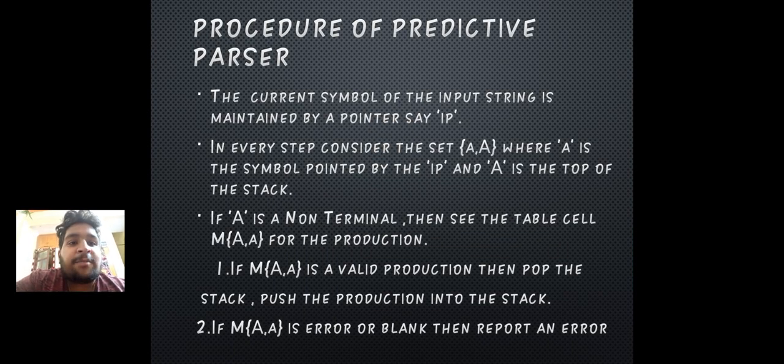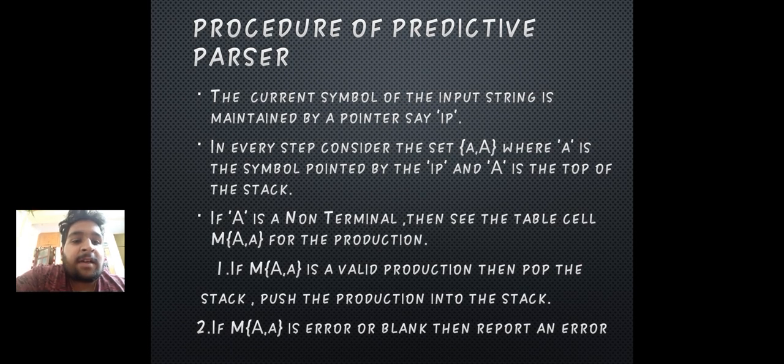Procedure of predictive parser. The current symbol of the input string is maintained by a pointer, say IP. In every step, consider the pair (X, a), where a is the symbol pointed to by the IP and X is the top of the stack. If X is a non-terminal, then see the table cell M[X, a] for the production.